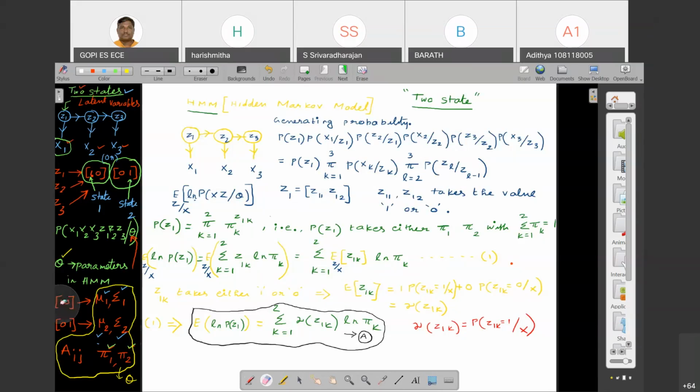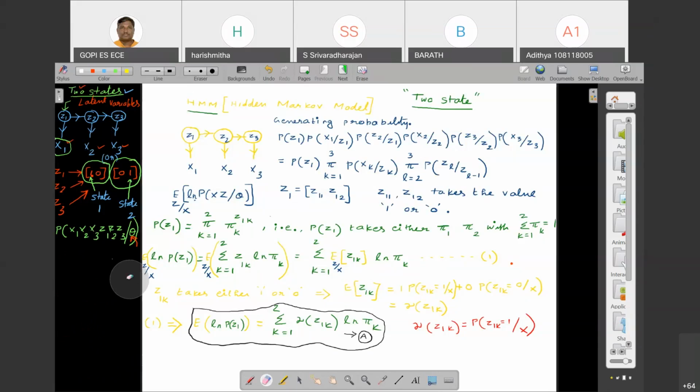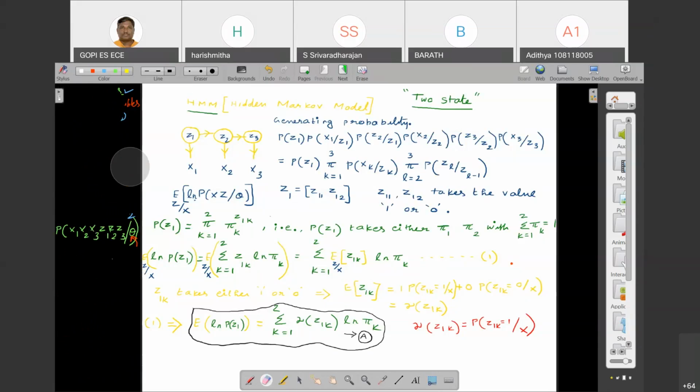Back to the generating probability, which we already discussed. Let us assume that the unknown parameters are now known. The parameters are mu1, sigma1, mu2, sigma2, and the transition probability Aij.